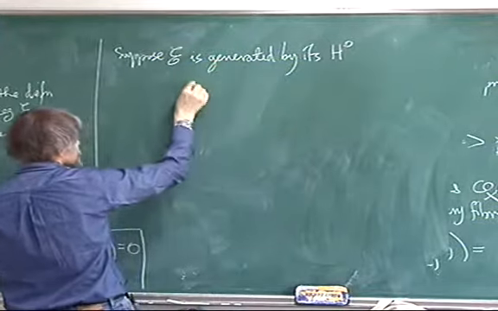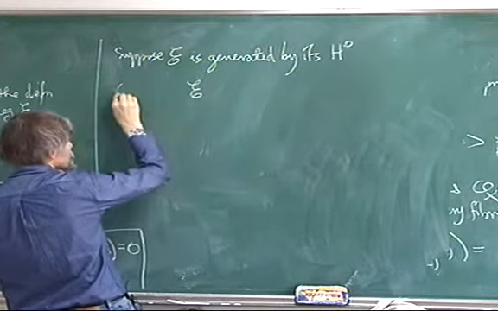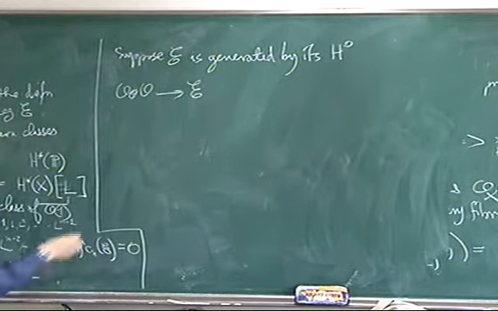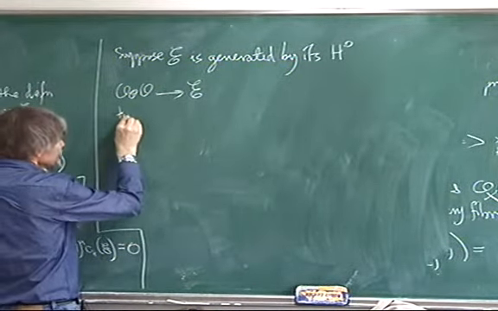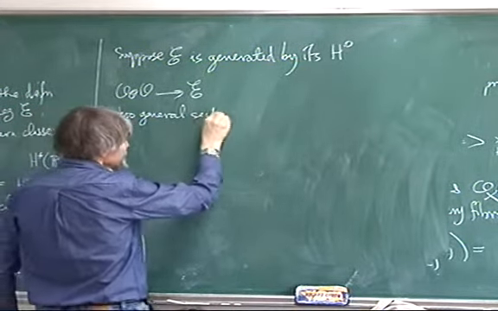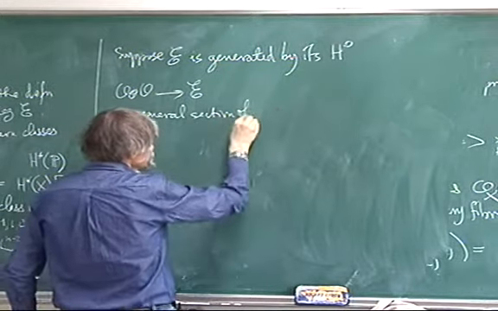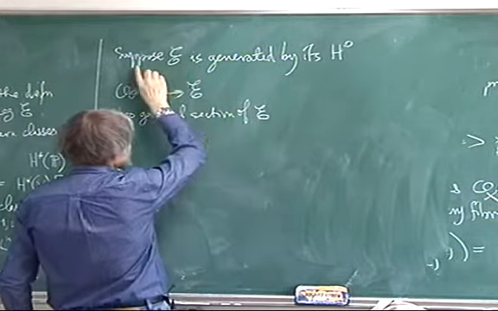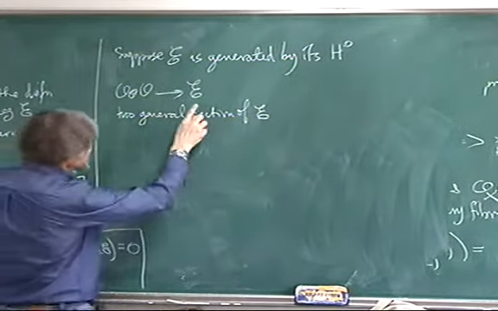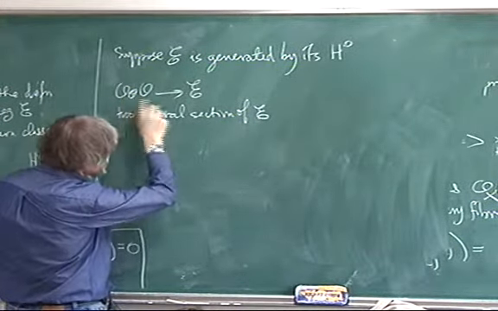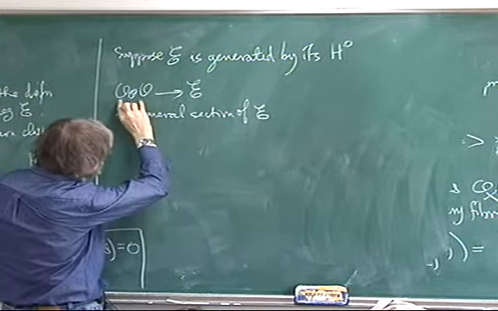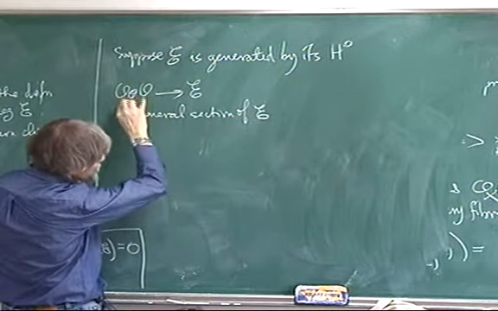Right, so this means I've got E here, and I can take, for example, O plus O mapping there. So this is two general sections of E. Right, so if E is generated by its global sections, then I can find one of these E which is good at every point, so I can take two of these by choosing different sections.